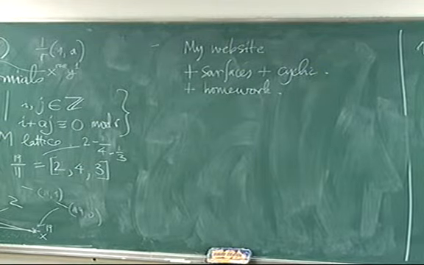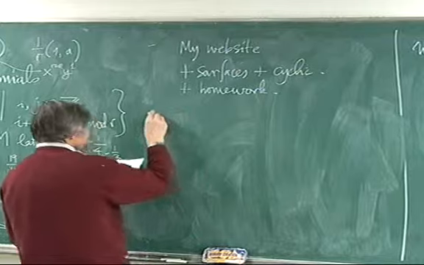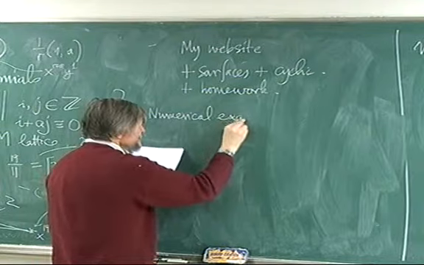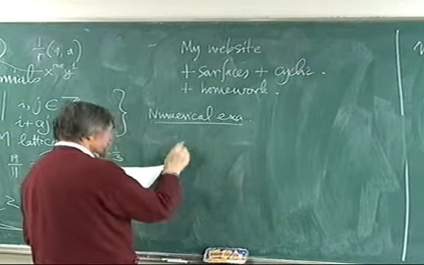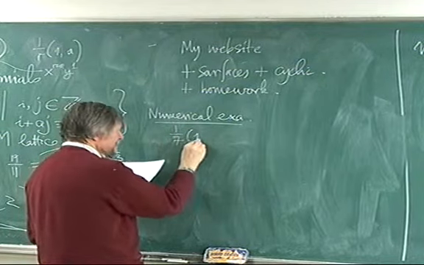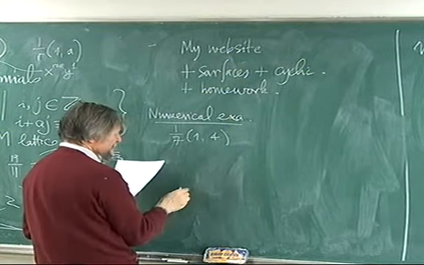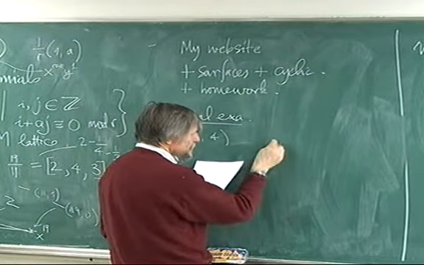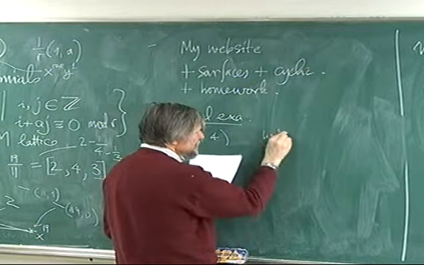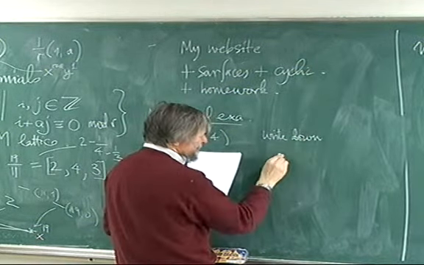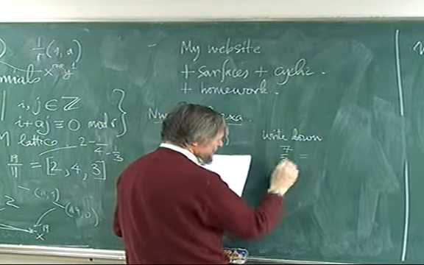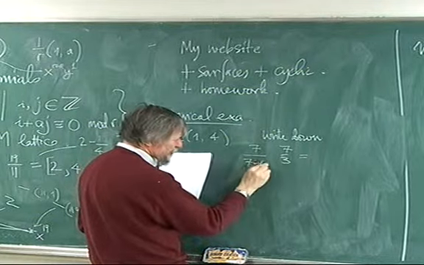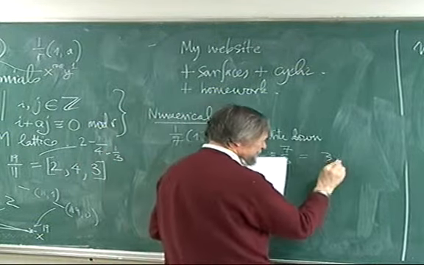Let's just have a little go at a numerical example. For example, if I can do 1/7 of 1/4, write down 7 over 3, 7 over 7 minus 4, because 7 minus 7 over 3 is 322.